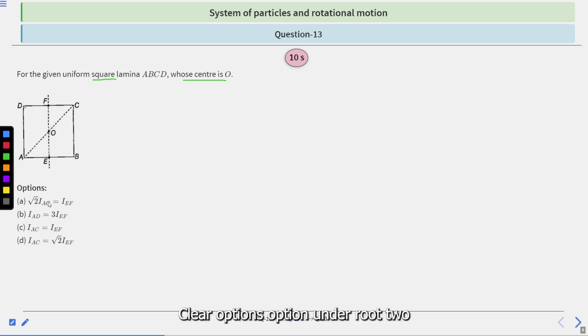Option A, root 2 IAC is equal to IEF. Option B, IAD is equal to 3 IEF. Option C, IAC equal to IEF. And option D, IAC equal to root 2 IEF. So which option is correct? You have 10 seconds to solve this question. After 10 seconds, we will provide the solution. Clear?